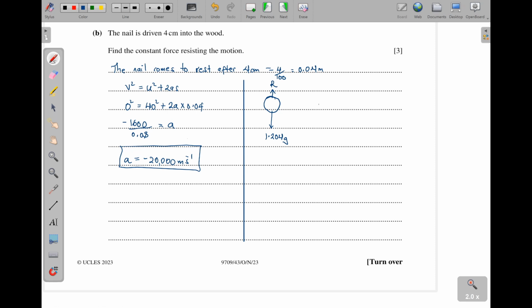So like I said, we are going to use F is equal to MA.